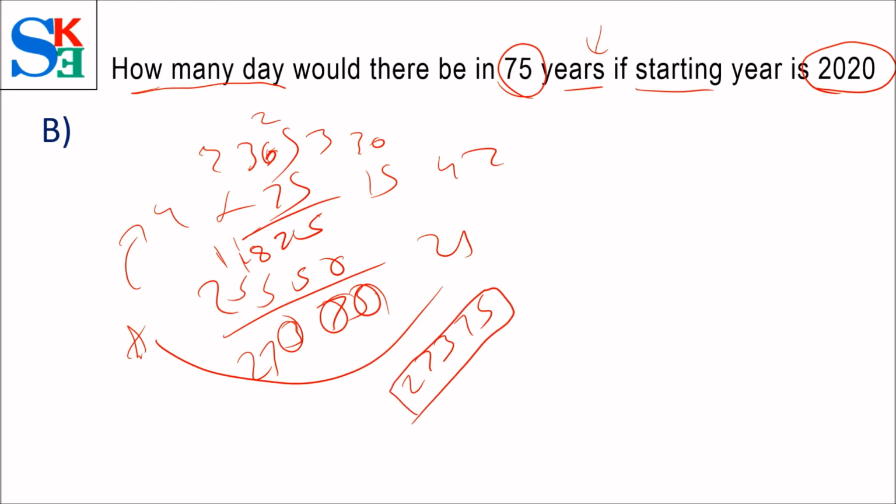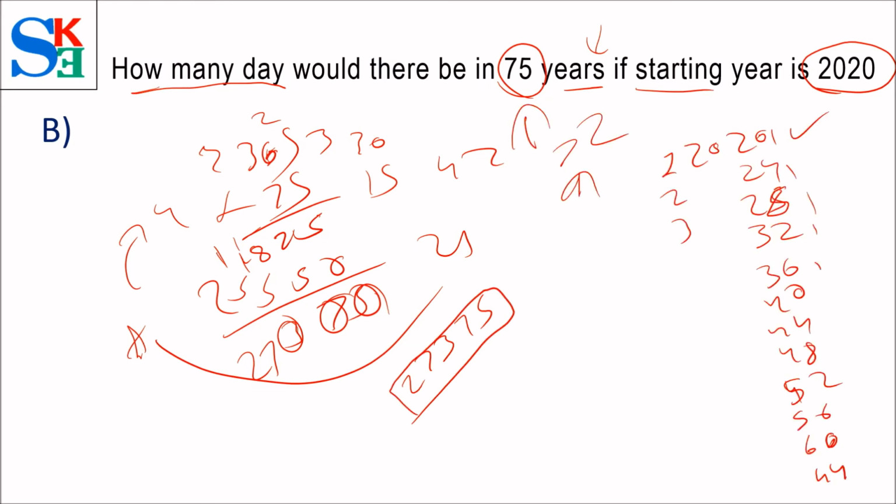But I need to do the leap years. That's going to be 9, and 9 multiplied gives 72.